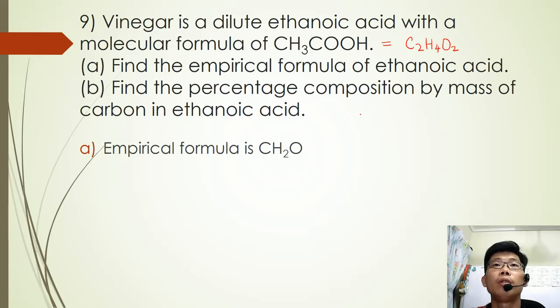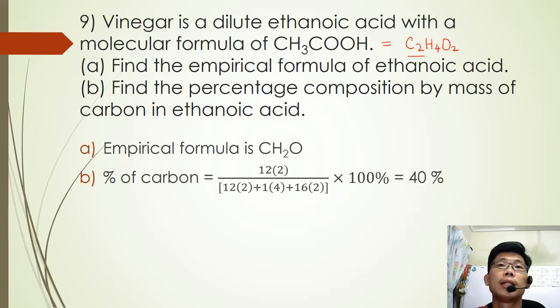Next, find the percentage composition by mass of the carbon in the ethanoic acid. If we want to find the percentage composition for the carbon, we can use the formula. There are 2 carbon atoms, and the Ar given for carbon is 12, over the total for C₂H4O2.